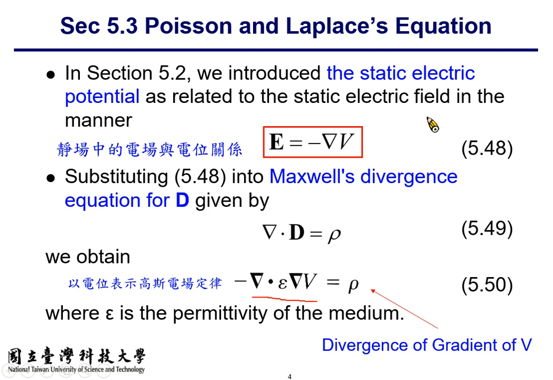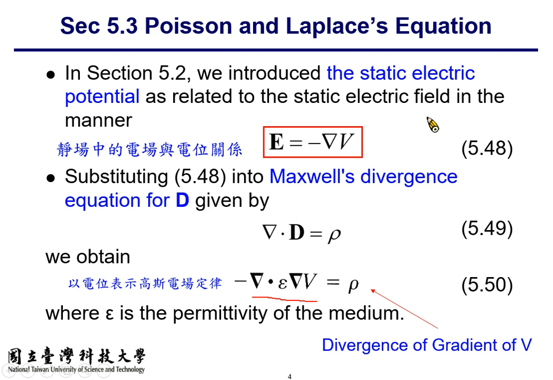Note this is Maxwell's equation in differential form. So in differential form, we are concerned with the field at a particular point. In contrast, in chapter 2, when we looked into the integral form of Maxwell's equations, we were interested in the relationship between the field and the charge occurring in a region.